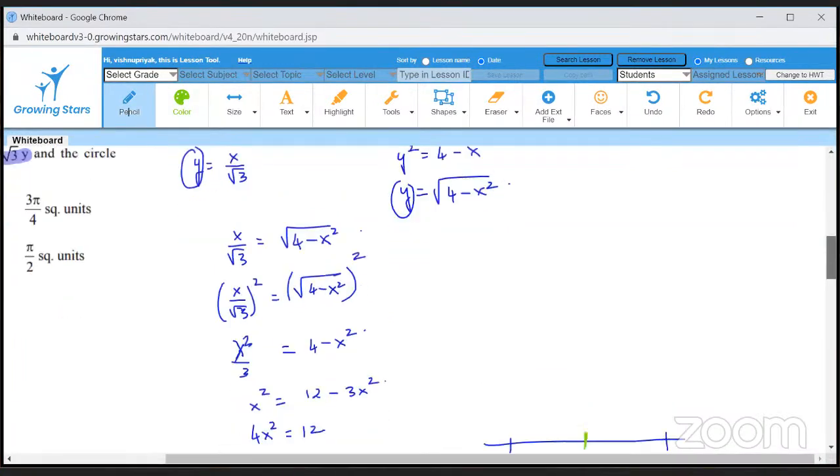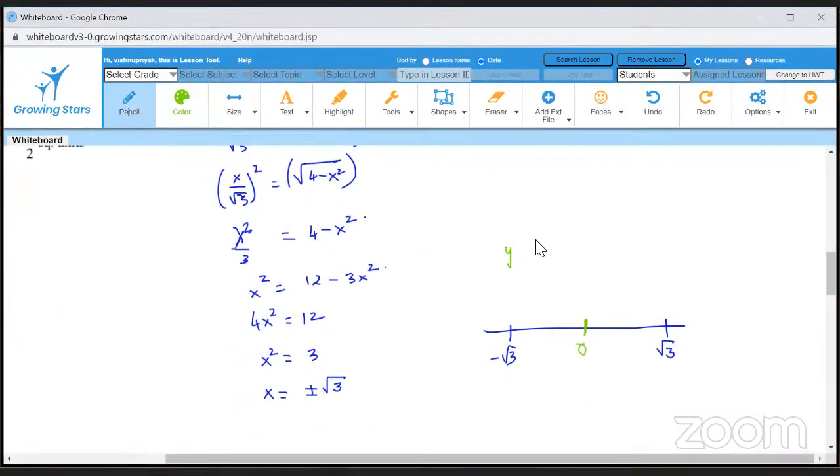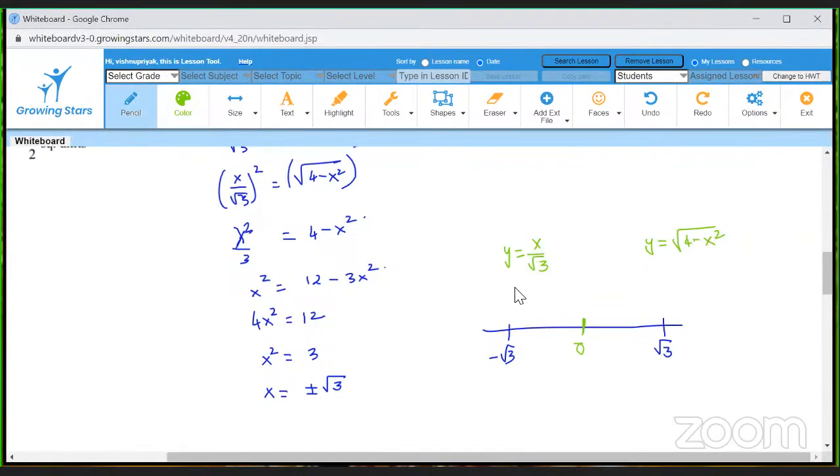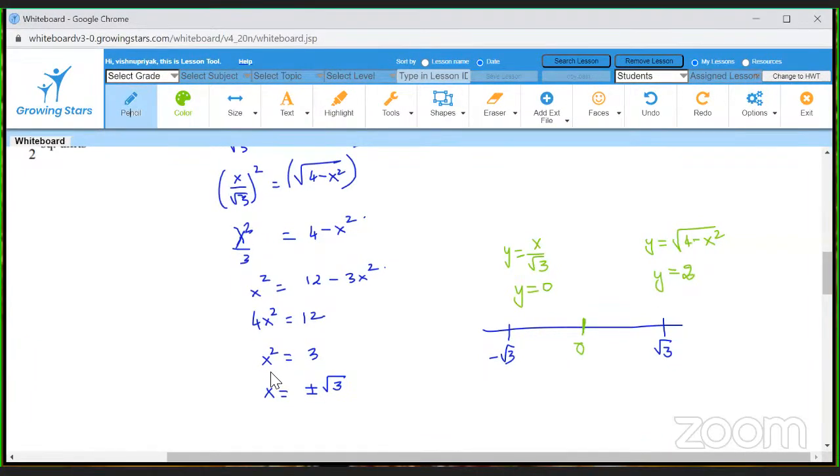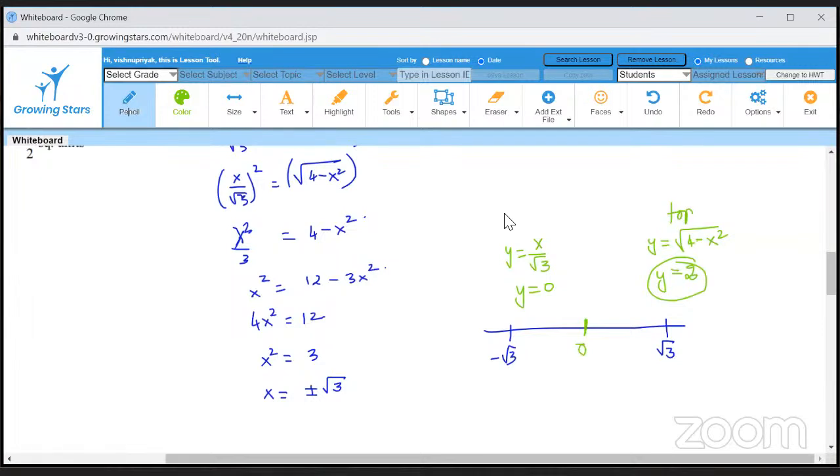Take both the equations. y equal to x by root 3, y equal to square root of 4 minus x square. Put x equal to 0 here, you will get 0. And when you put x as 0 here, you will get 2. Which one is greater? This is greater, so this will be the top curve.